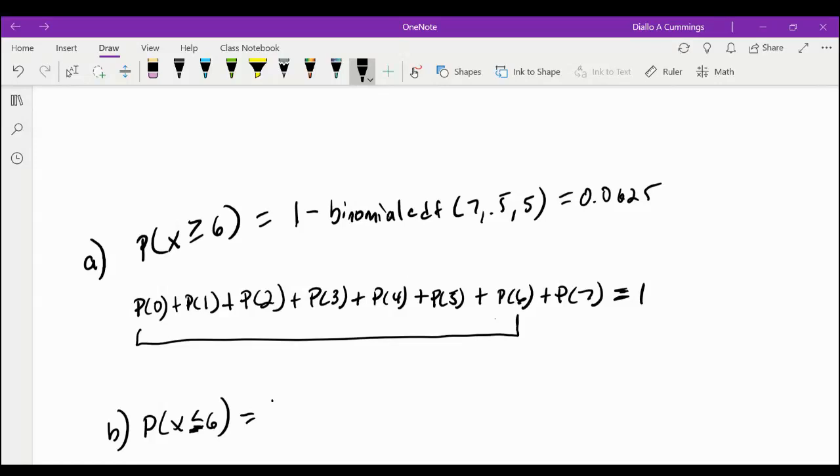So I'm going to put this in as the binomial CDF. n is 7, p is 0.5, x is 6.